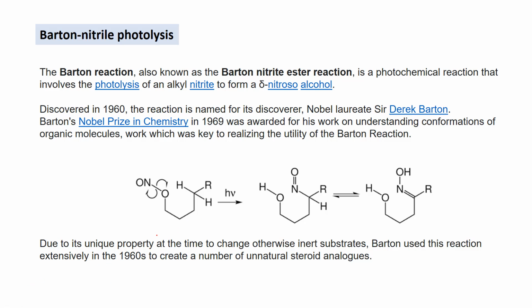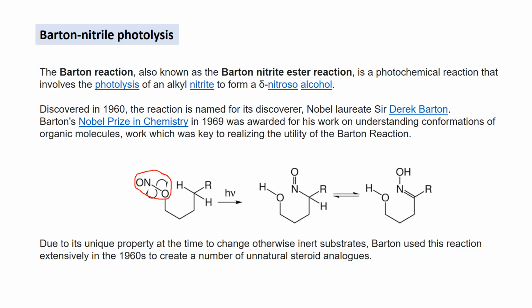There is a very unique concept in this reaction. Here you can see, if you take an alkyl nitrite compound, this is the nitrite group, and you perform this reaction under photochemical conditions, what happens?